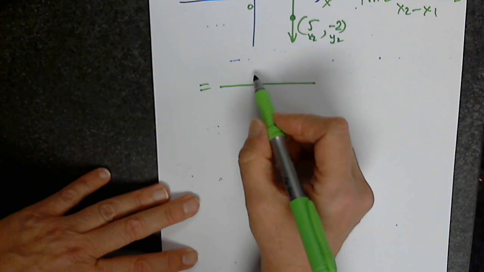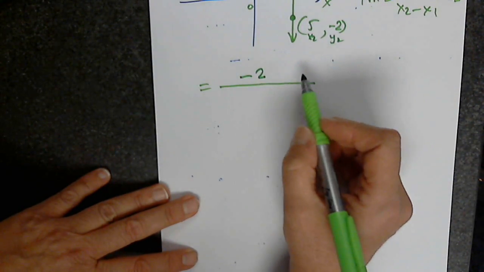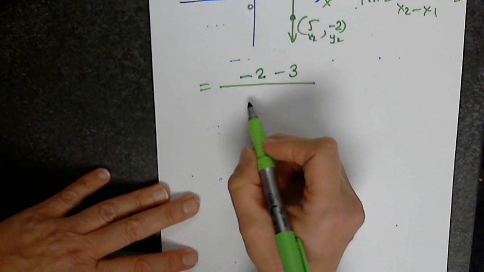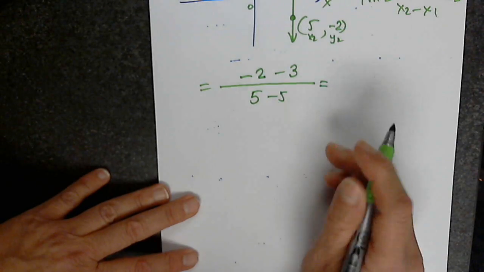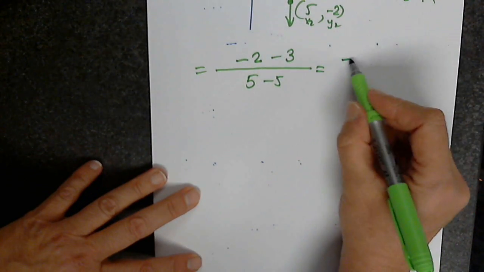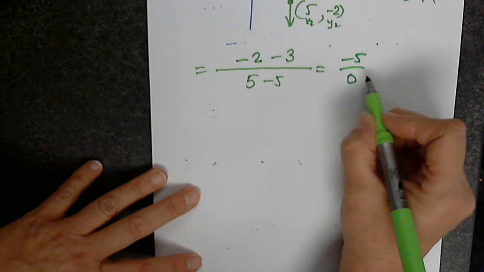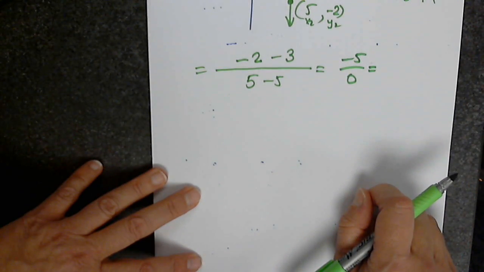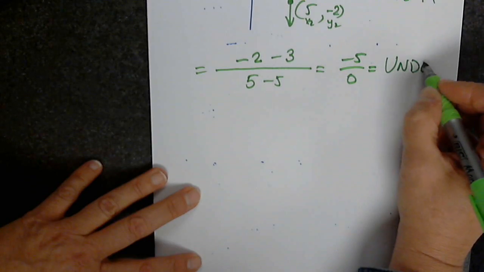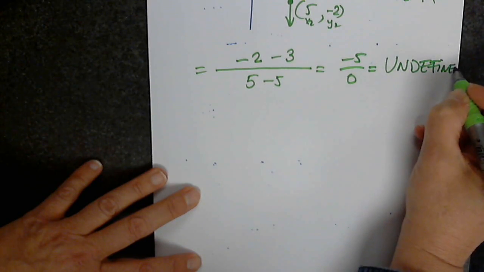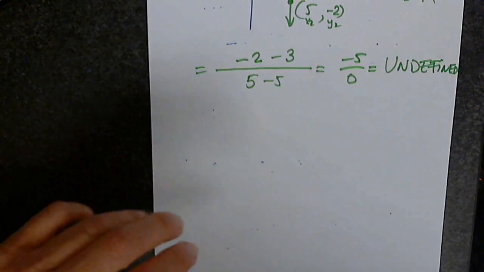Yes, please. -2 minus 3 over 5 minus 5. Good. So the top is negative 5, the bottom is 0. How do we call this? Undefined. Division by 0 is undefined.